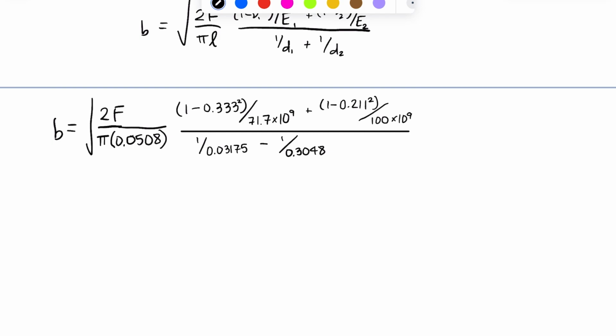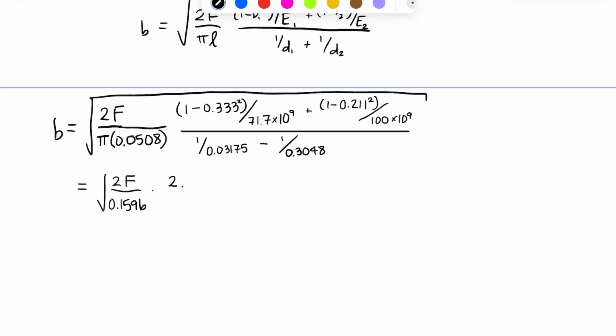Okay, so if you plug all this into your calculator, you should find that this is equal to square root of 2 times F over, so we got 0.1596 on the denominator here. I got 2.1955 times 10 to the negative 11 in this numerator.